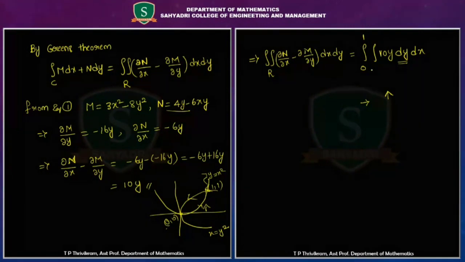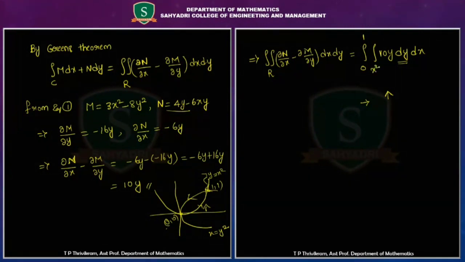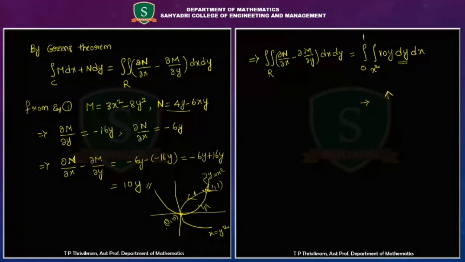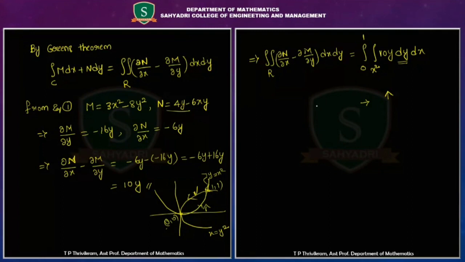So you have to write that y equal to x square here first. Next, the last curve here, what is this curve? x equal to y square. x equal to y square means y equal to? Root x. You have to write root x here. So in this way, you have to write the limits.